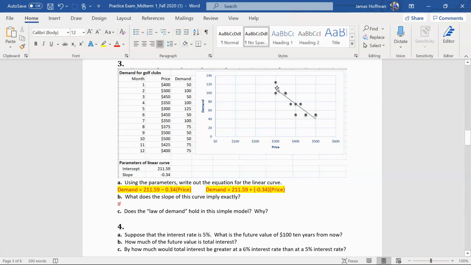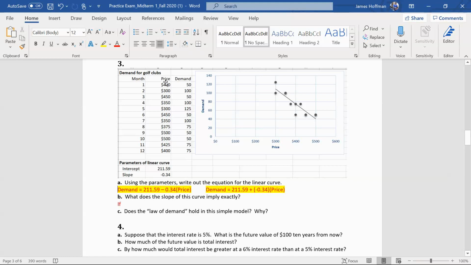Yeah. So we're writing the equation for this line. So this line here is the estimated linear relationship. If we can simplify it to a linear relationship, then this is the line. So this line starts at 211.59, and every time we plug in a price, the best guess is to multiply it by negative 0.34.